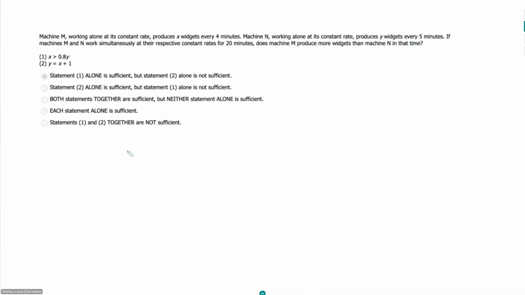So let's organize our info in a chart. We've got rate times time, because we've got machines, we'll call it work. And then we have machine M and machine N. And what do we know?